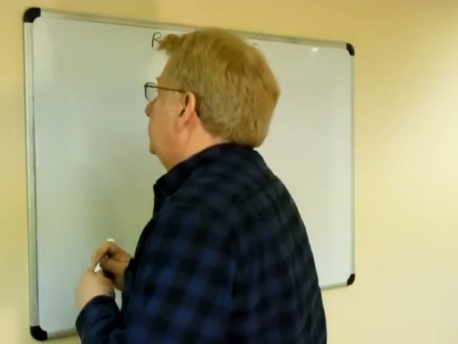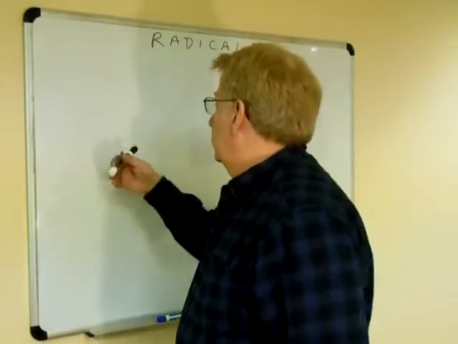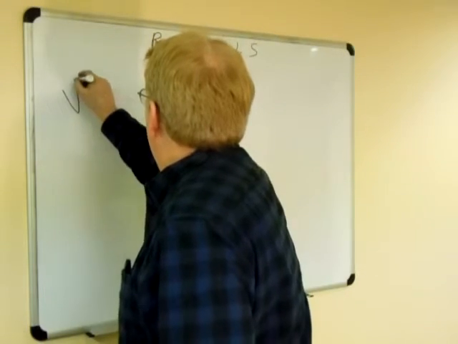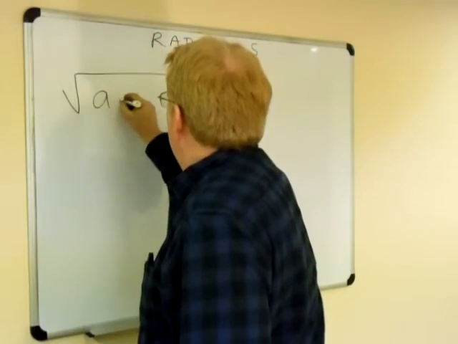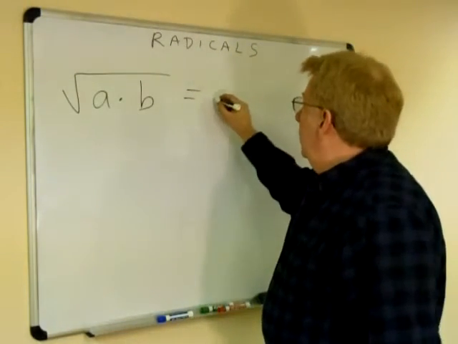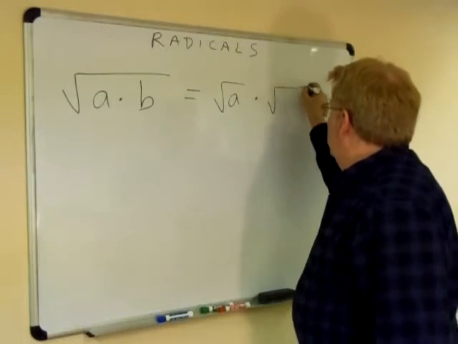Alright, so let's start with the product property for radicals. That could be like if we had the square root of a times b. That's the same thing as the square root of a times the square root of b.